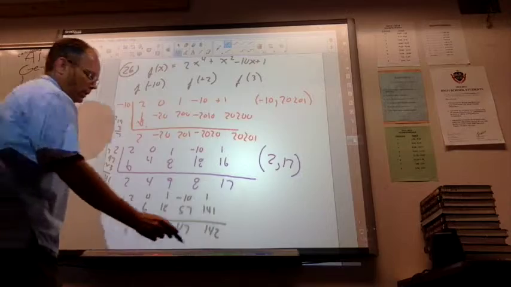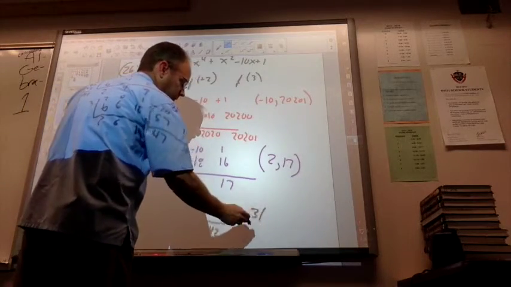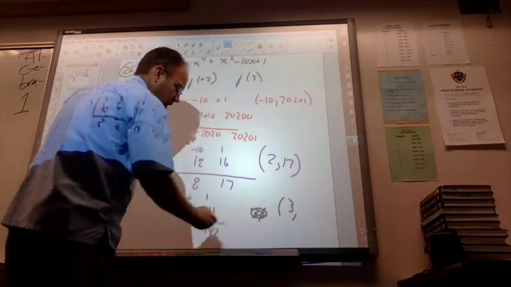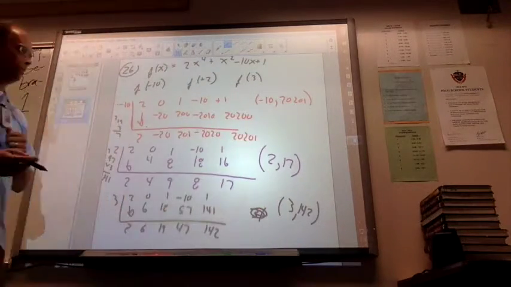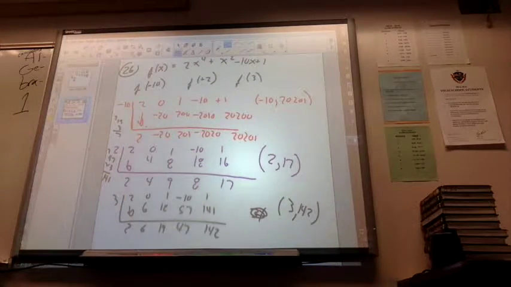So that actually tells us that the point (3, 142) is a point. So a little bit nastier of a problem, not horrible to do. The nice thing is synthetic division allows you to do quite a bit of work without having too much in place.